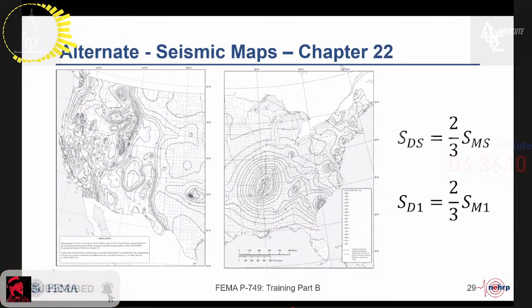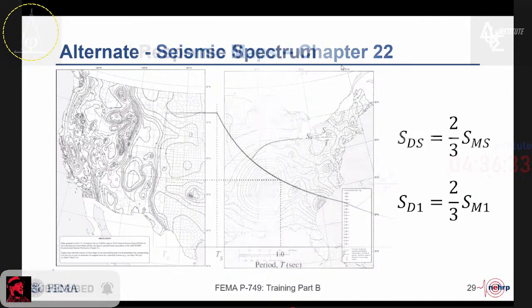But if you don't know what your site class is, there is one set of maps in chapter 22 for the so-called default site class that will give you S sub MS and S sub 1 values for the default site class, and you can determine the S sub DS and S sub D1 values by taking 2/3 of the mapped value.